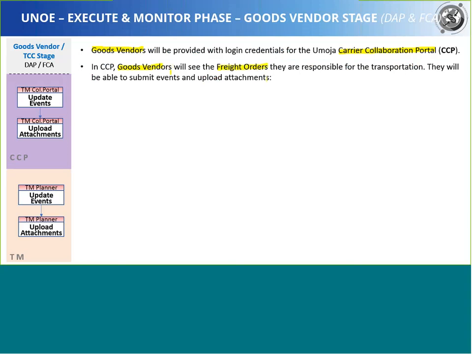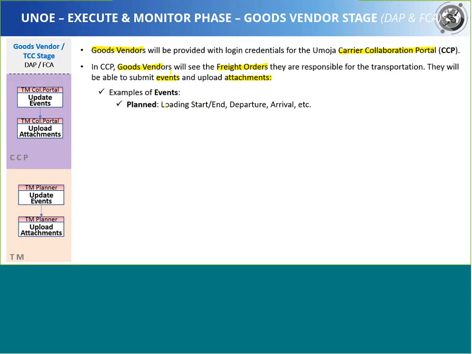The freight orders for which they are the carriers. Okay, we said that for goods vendor, the system was automatically assigning them as carriers because the goods vendor was already defaulted from the purchase order. Okay, and they will be able to submit events and upload attachments in CCP.